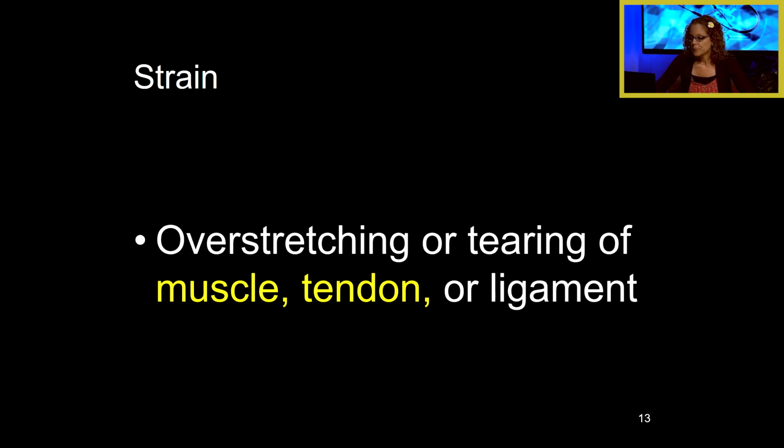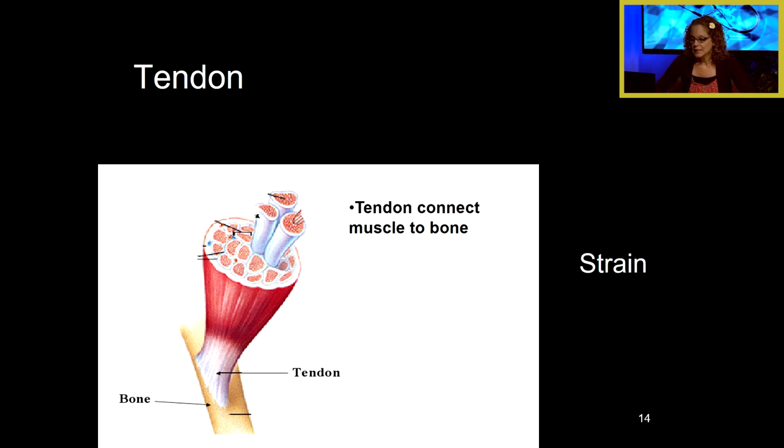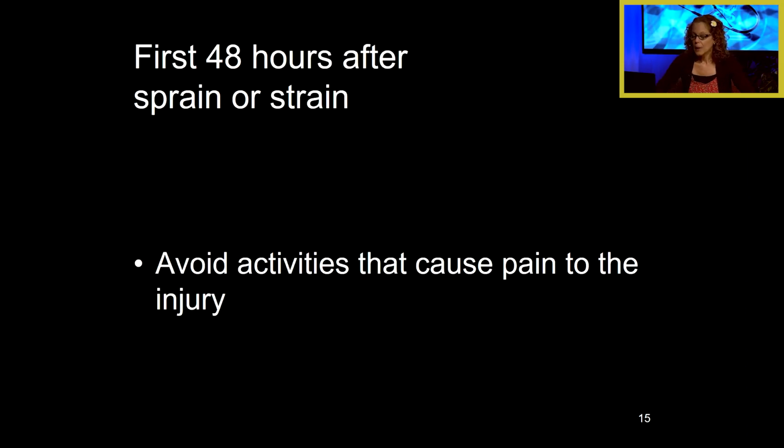We need to remember again that our tendons connect our muscles to our bones. And if we have an overstretching and an injury, we call these soft tissue injuries, either to a muscle or a tendon or a ligament, and we are going to have some pain, some swelling, some discomfort.